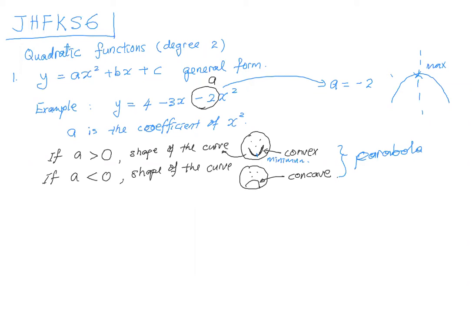Yes, I can read the y-intercept straight away. When we talk about y-intercept, we say when x equal to 0. So y equal to a times 0 squared plus b times 0 plus c. So this is my y-intercept. In this case, what is the y-intercept?